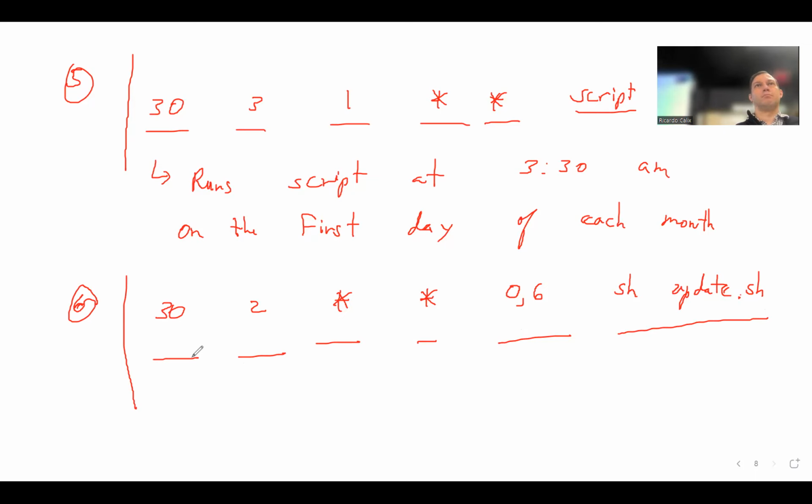It's going to run the script at 2:30 a.m. on Sunday and Saturday. Yeah, Sunday and Saturday. It starts at 0, so it would be the last day of the week. That's right, zeros and stuff. Exactly right. All right, very good.